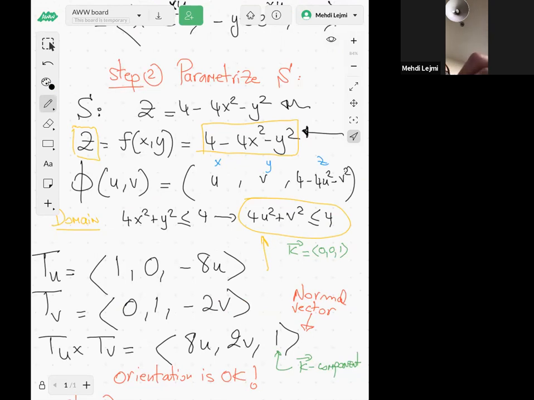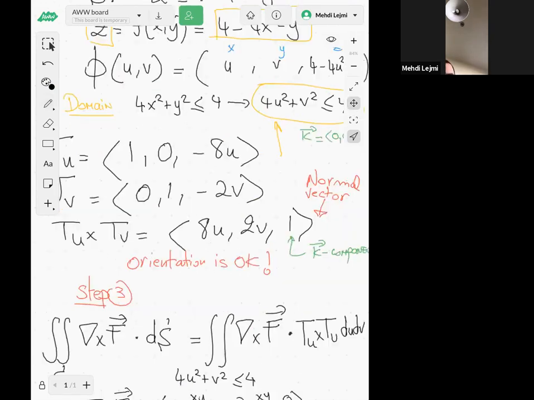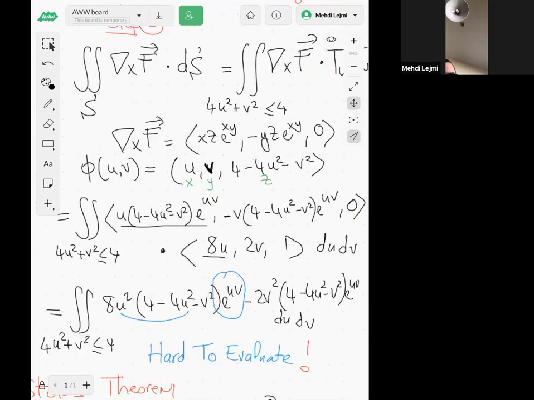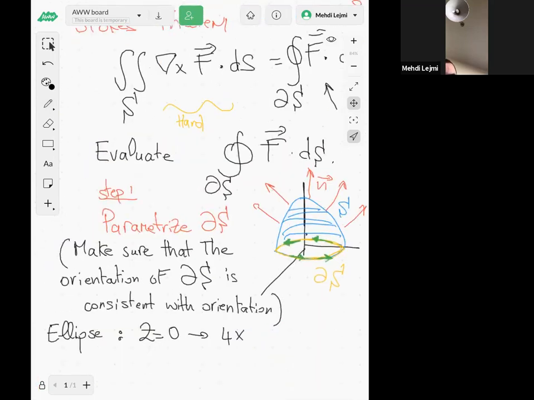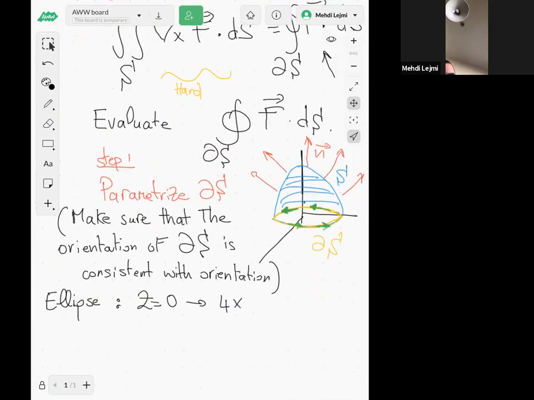So 4 is equal to 4x squared plus y squared, with z being 0. If you divide by 4, that will be x squared plus y squared over 4 equals 1. In other words, x squared plus (y over 2) squared equals 1.